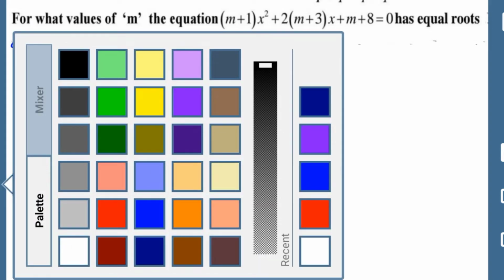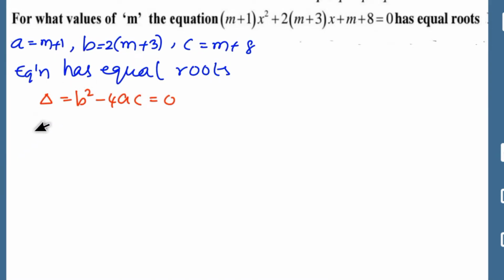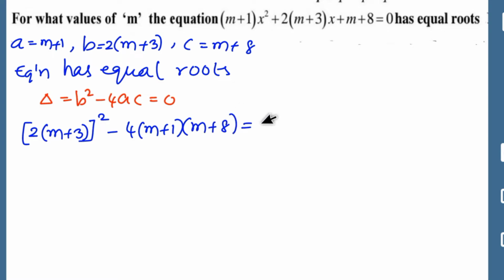Now substitute. What is b value? 2 into m plus 3 whole square minus 4 into a, m plus 1, c value m plus 8 equals to 0.